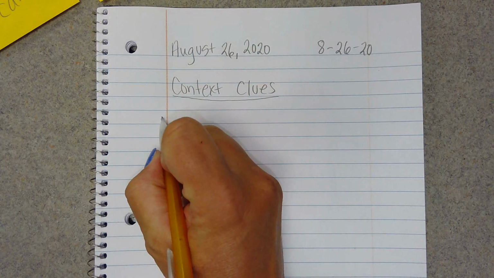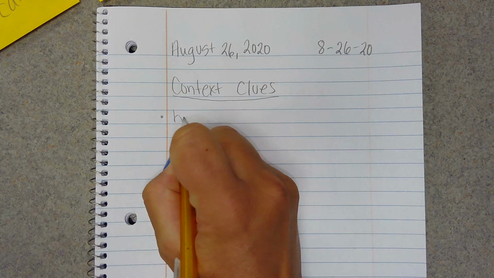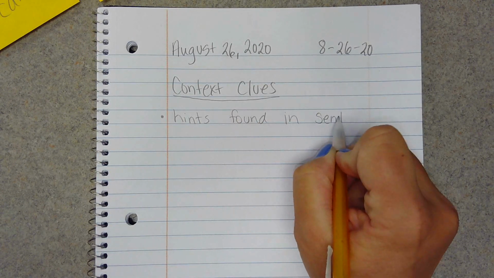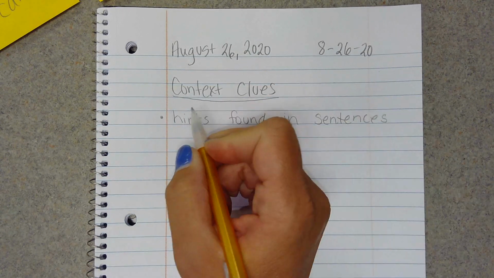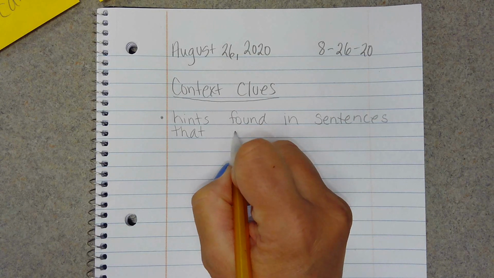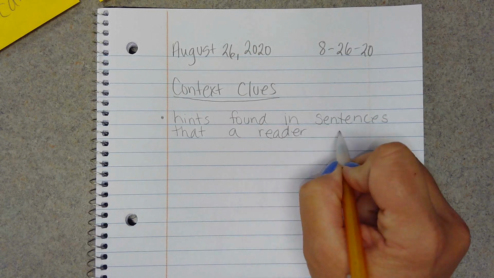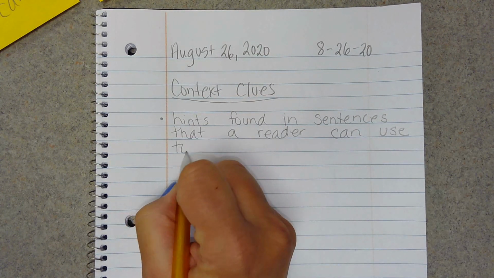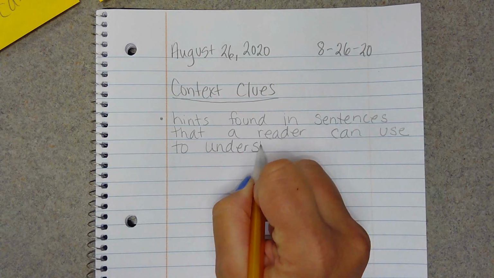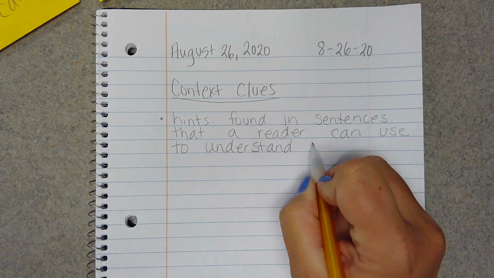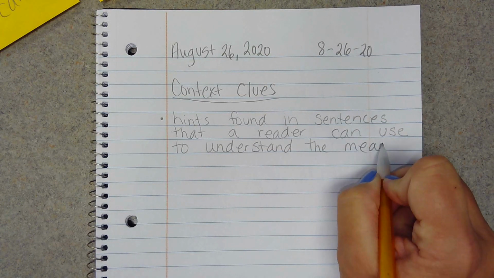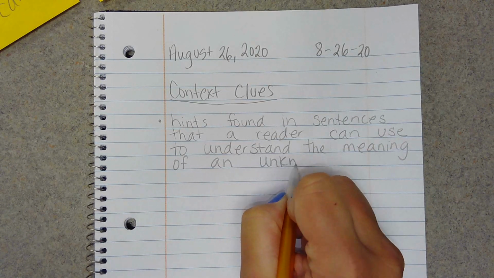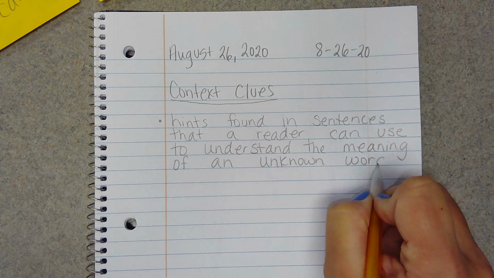Context clues are, I'm going to use a bullet, hints found in sentences that a reader can use to understand the meaning of an unknown word.